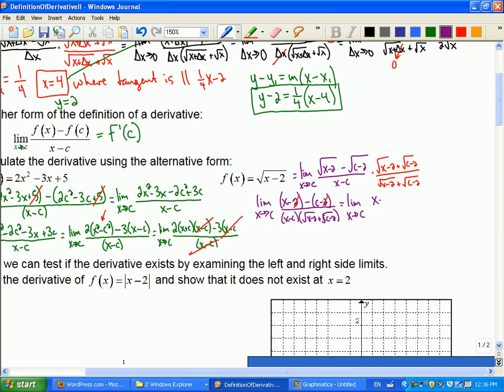This will be x minus c over x minus c, x minus 2 plus c minus 2. So now I've removed my 0 over 0, and I can come up with the limit. As x goes to c, this is just going to be 1 over c minus 2 plus c minus 2. So that's 1 over 2 root c minus 2, since there's 2 of them.